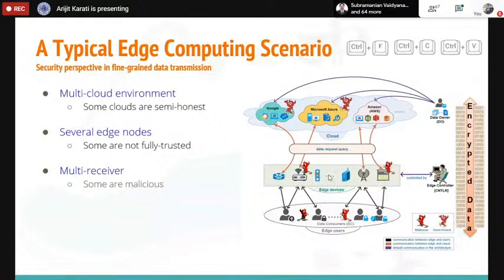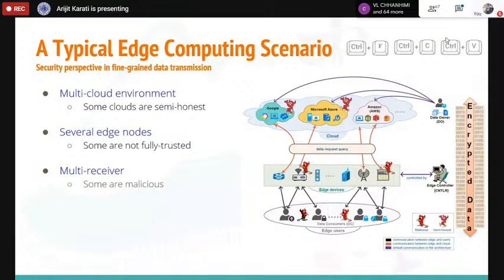Edge devices are simply performing Control F, Control C, and Control V, as we know in computer science, right? Very easy. Control F is for find, Control C is for copy, and Control V is for paste. So with F, the edge device is trying to find my encrypted data.